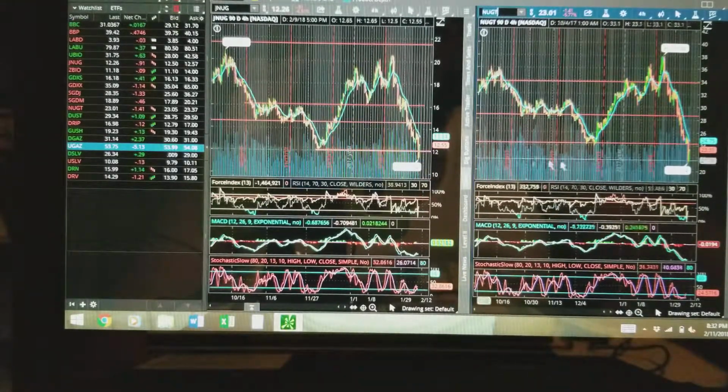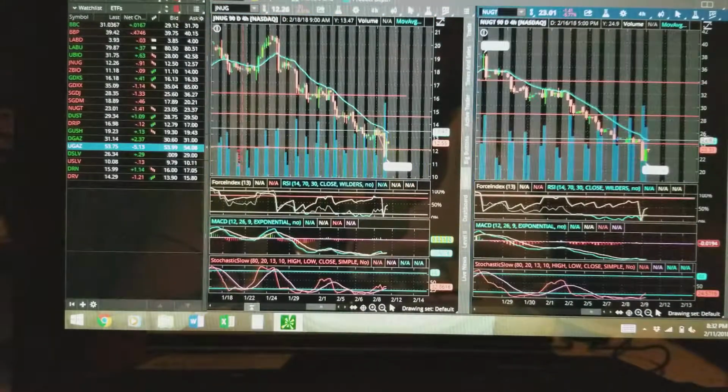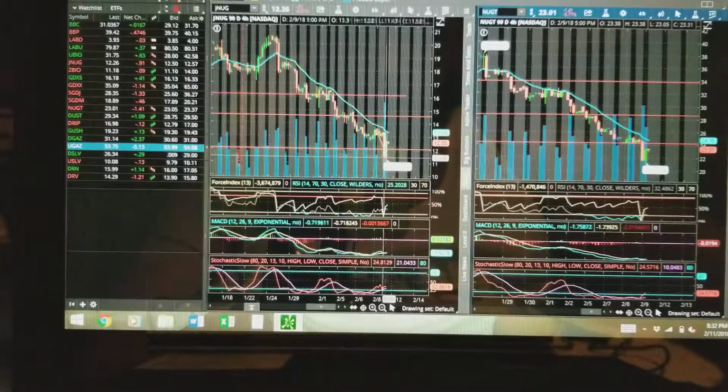And when these start going up, I would wait for it to pass the EMA line here, just to confirm an uptrend. Now it is at the very bottom of the stochastics, bottom of the MACD. It's oversold on the RSI, and the force indicator is coming back up, which is good, I guess.